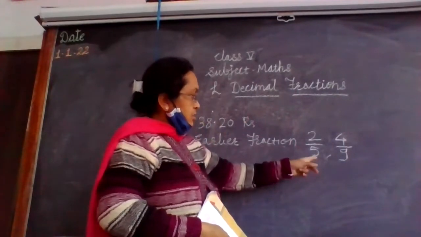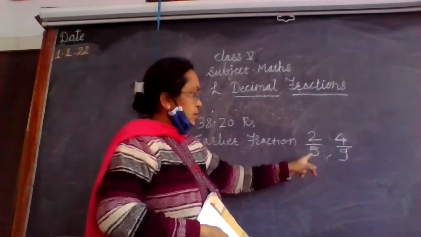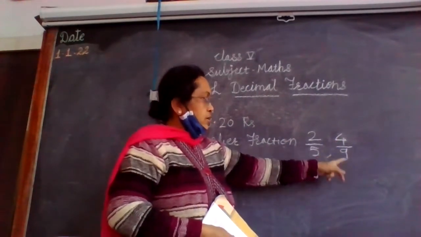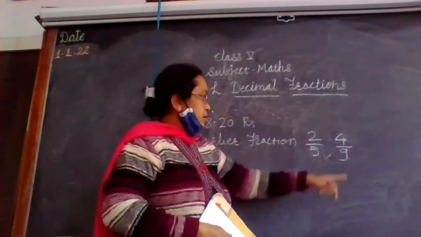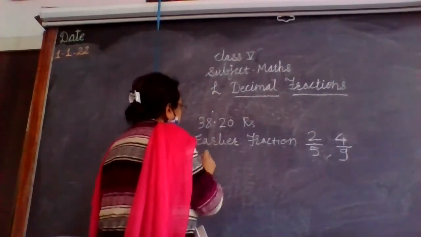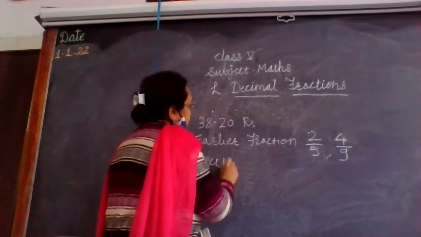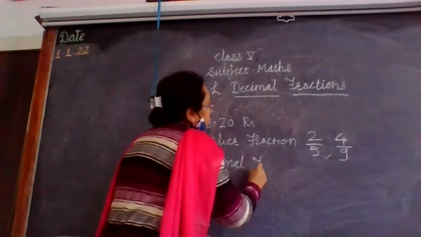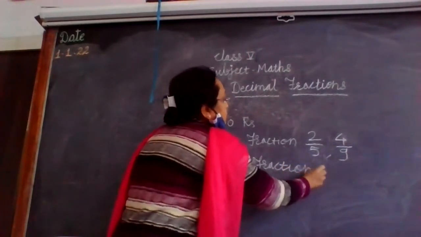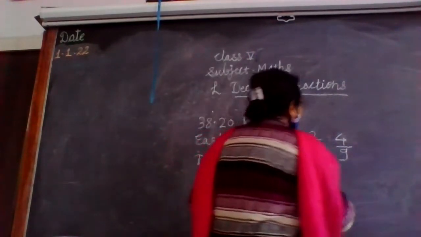Now in these fractions, this 2 is in the numerator, 5 is in the denominator. In this fraction, 4 is in the numerator, 9 is in the denominator. Now we have to see some fractions, that is decimal fractions. These are the special fractions.